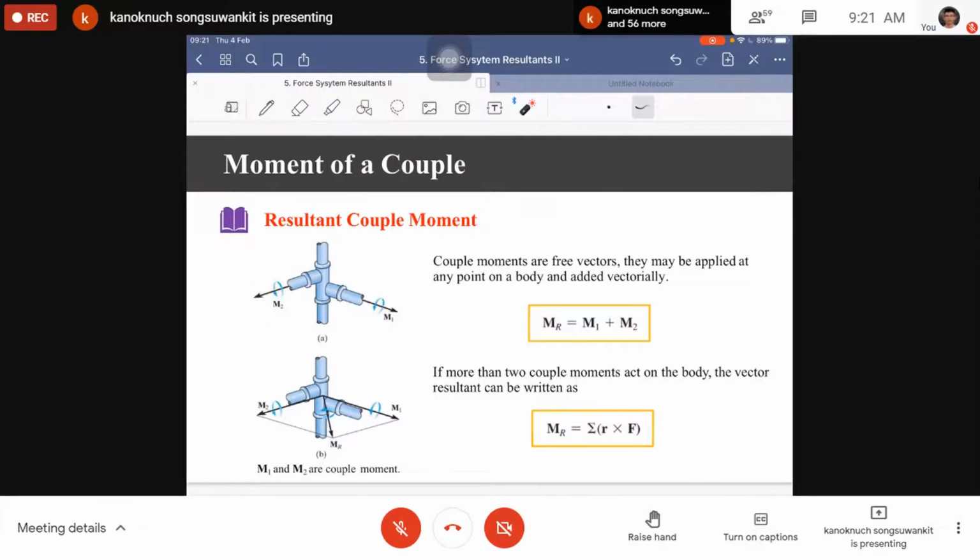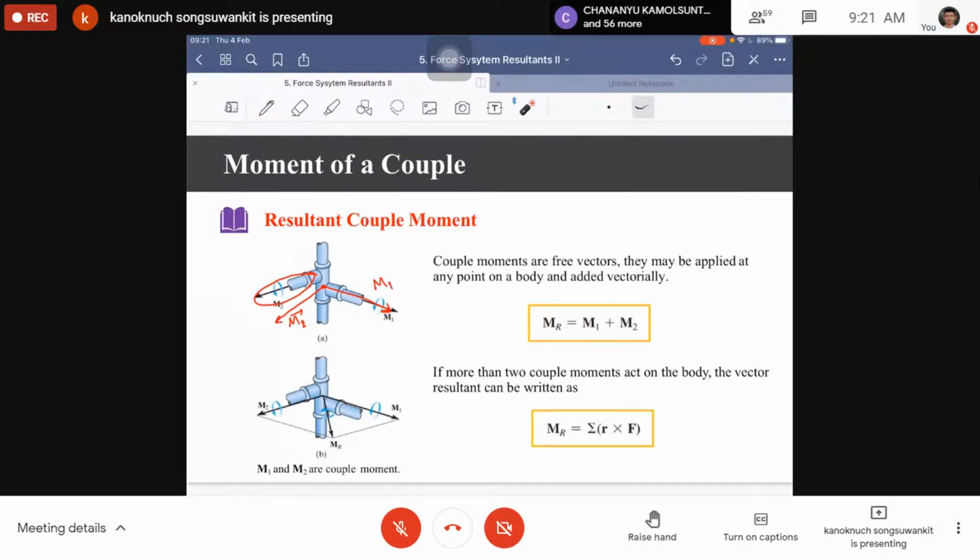So we can move this M1 to this point, and then move another vector to share the same rotation point.